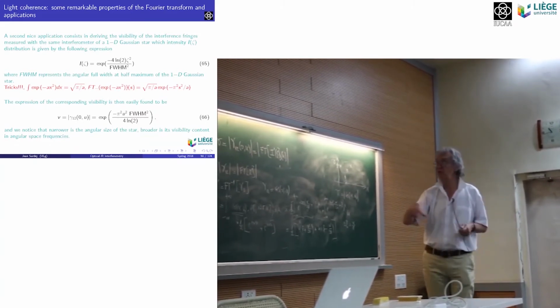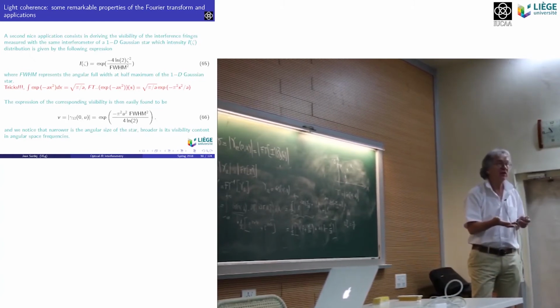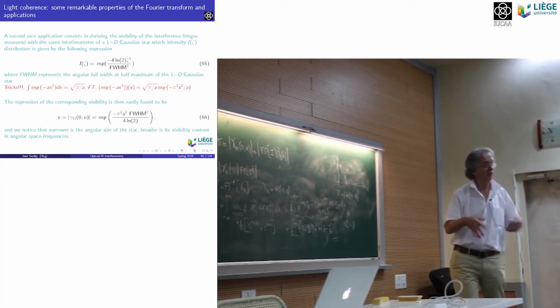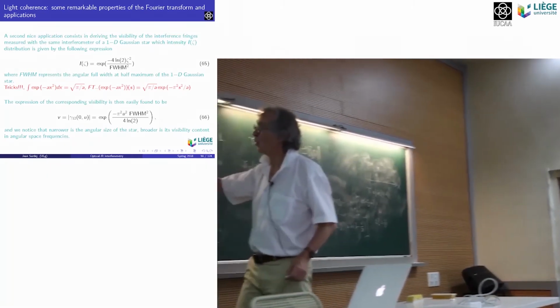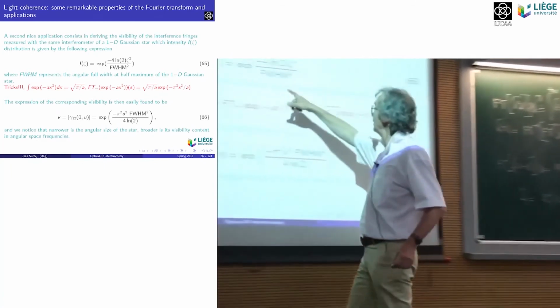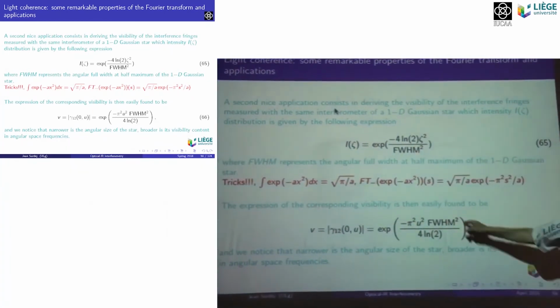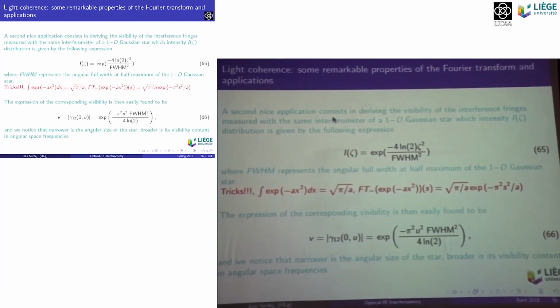So when you make these exercises, if you find a visibility which is not 1 when u equals 0 or v equals 0, it means that you have a problem. You have to find the solution. But now, what you see here is that the full width at half maximum was at the denominator, and now the full width at half maximum, when you make the Fourier transform, is at the numerator.